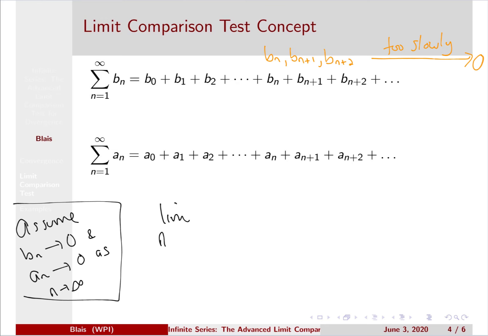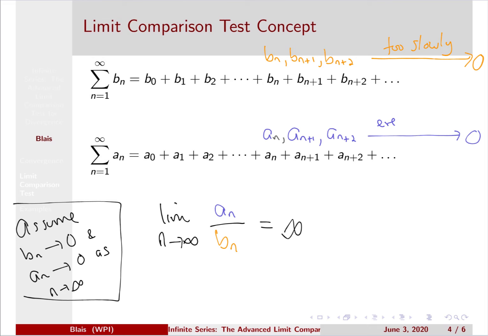And the limit as n goes to infinity of a sub n over b sub n being infinite ensures that these a sub n are going to 0 even more slowly than the b sub n.